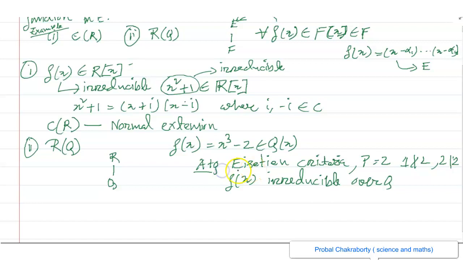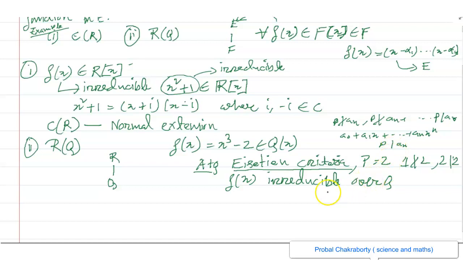So Eisenstein criteria: f(x) is irreducible over Q, because we know that for a0 plus a1 x plus up to an x to the power n, p does not divide an, but p divides a0 up to a(n minus 1), and p square does not divide a0.